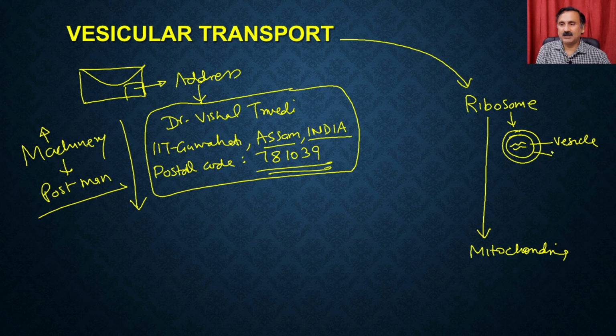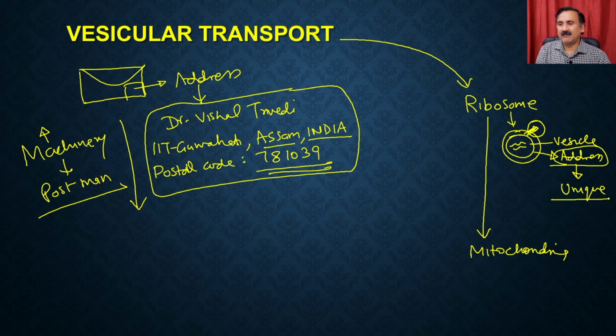We have to attach first the address, right? In the postal case we write everything in alphanumeric codes, whereas in the case of the cell, you are going to put some kind of tag on this vesicle, so that this tag is going to be recognized by the machinery, and that address is going to be unique.